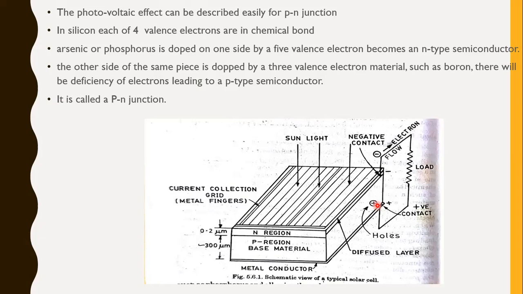The flow of electrons through the external conductor constitutes an electric current, which will continue as long as free electrons and holes are being formed by the solar radiation. So the electric current in the conductor continues to flow as long as the solar radiation exists.